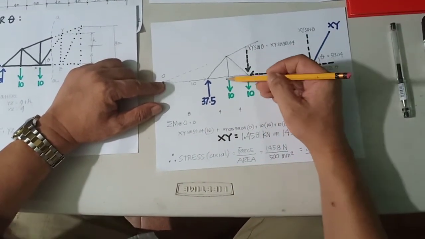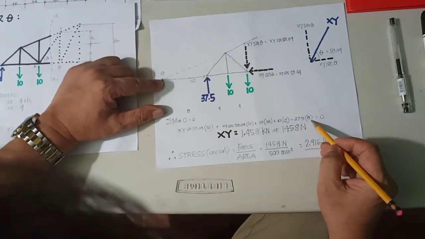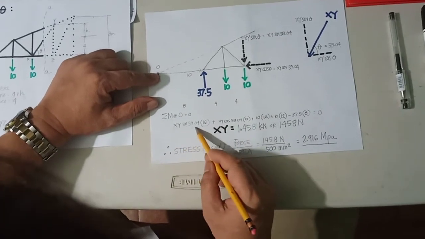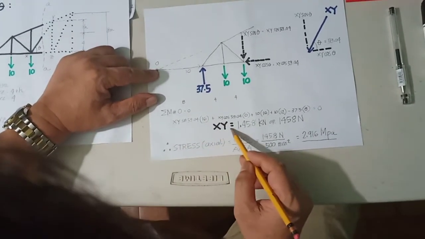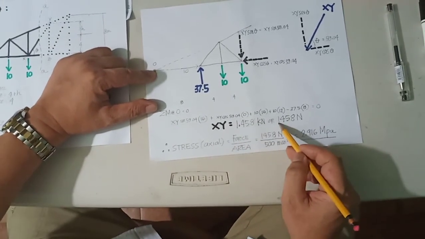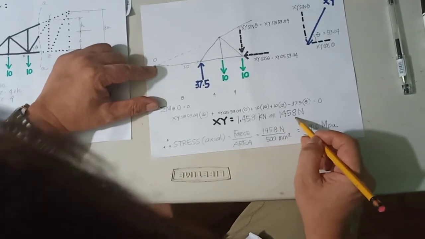The opposite one is 37.5 with a lever arm of 8. Simplifying this equation, you will come up with XY equivalent to 1.458 kilonewtons, or 1,458 newtons. That is the force of XY.